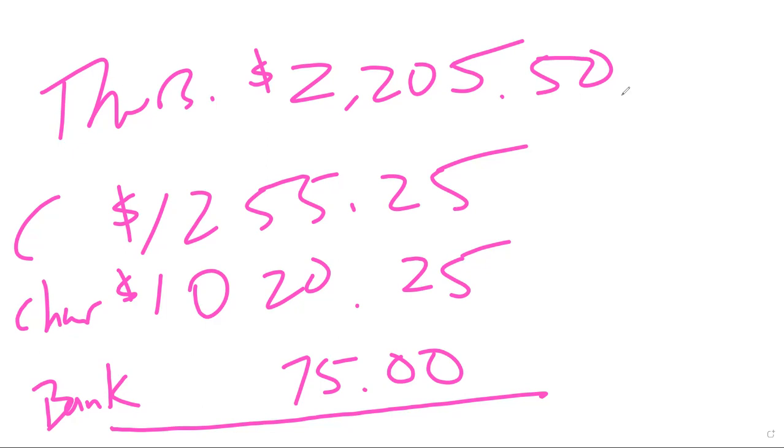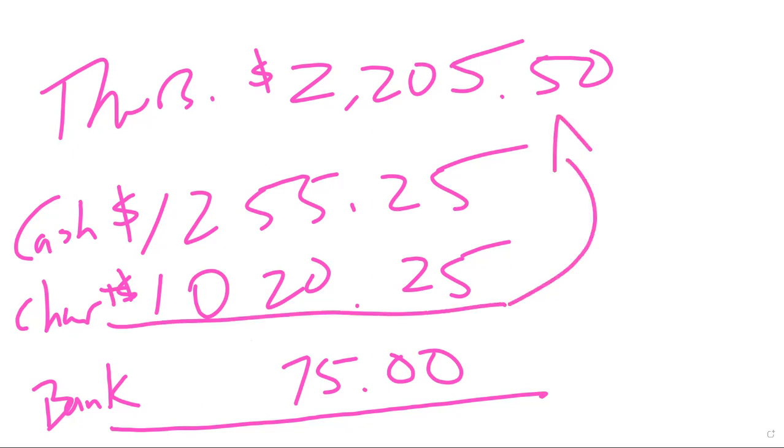Okay. So ideally, what we're looking at here is our cash or our currency, right? Our cash and our currency plus our charges should equal our sales for the day. So let's go ahead and add those two numbers up together, the 1255.25 and the 1020.25.